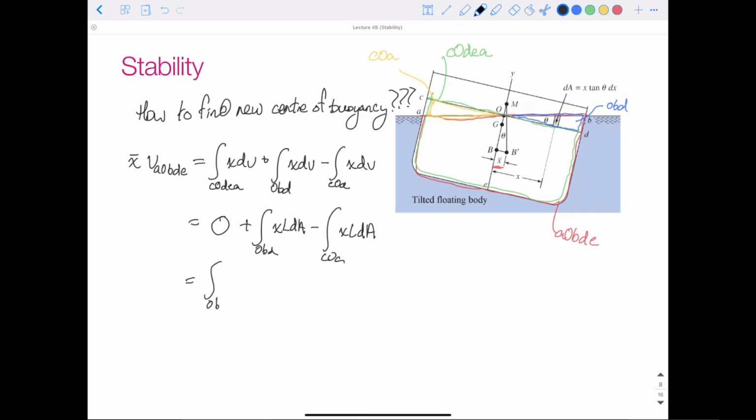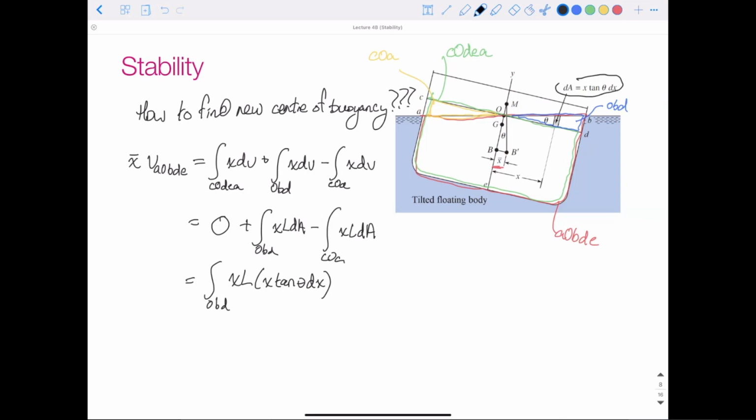We can simplify the first integral, xL, and then that area integral. If we just integrate over x, we would take x tan of the angle of tilt theta times dx. So this is OBD, so we're just integrating over the area. As we move further out in the x direction, the other dimension we care about would be tan theta times x times dx.